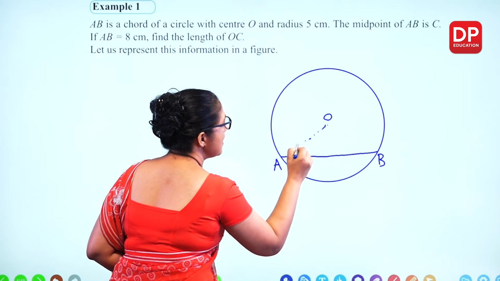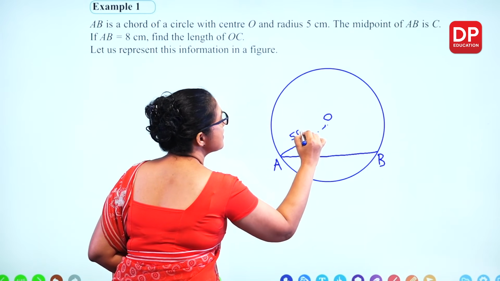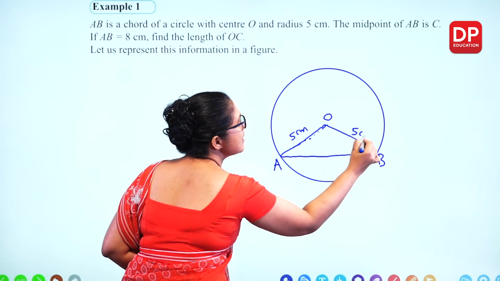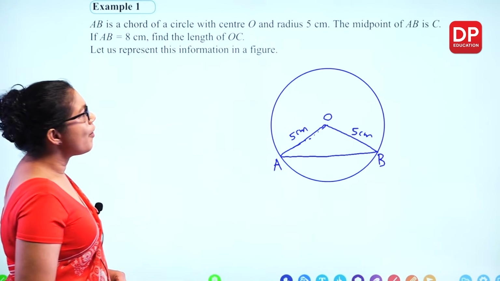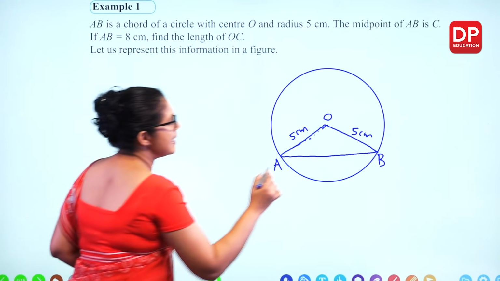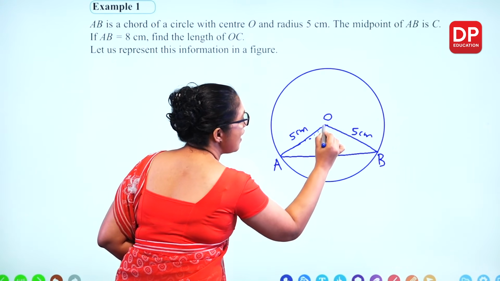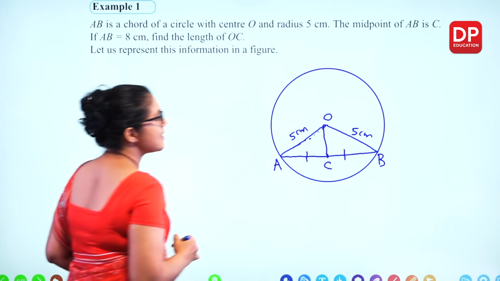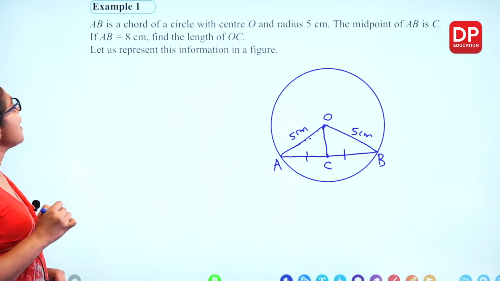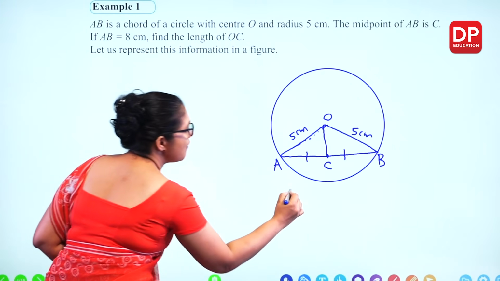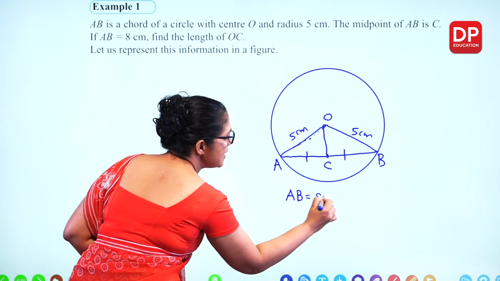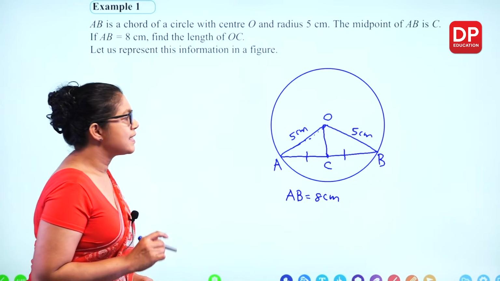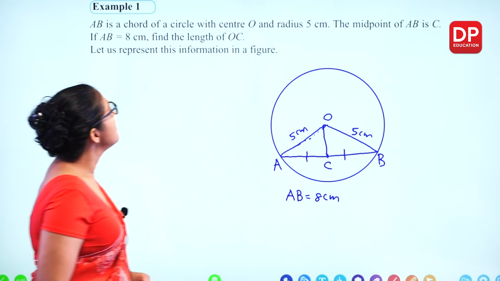So that means this length is 5 centimeters, so here also 5 centimeters. The midpoint of AB is C. So here when you equally divide this one, that's point C. Given that AB is 8 centimeters, find the length of OC. So you are asked to find this length.